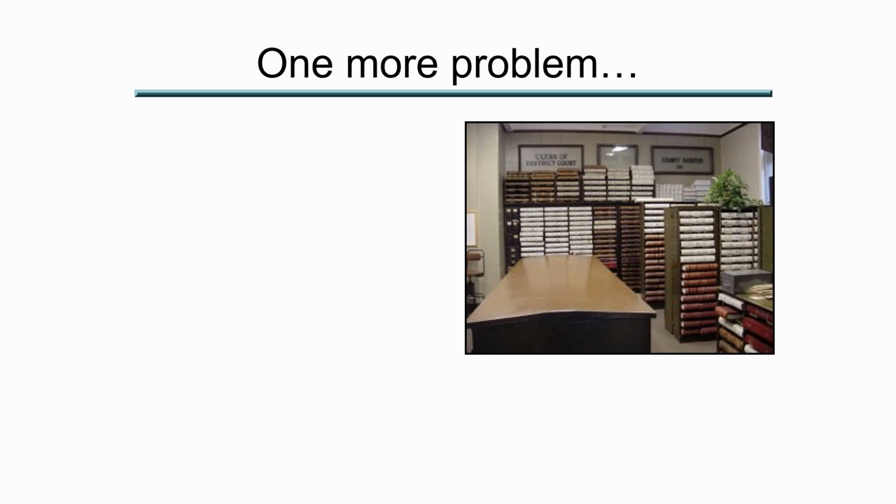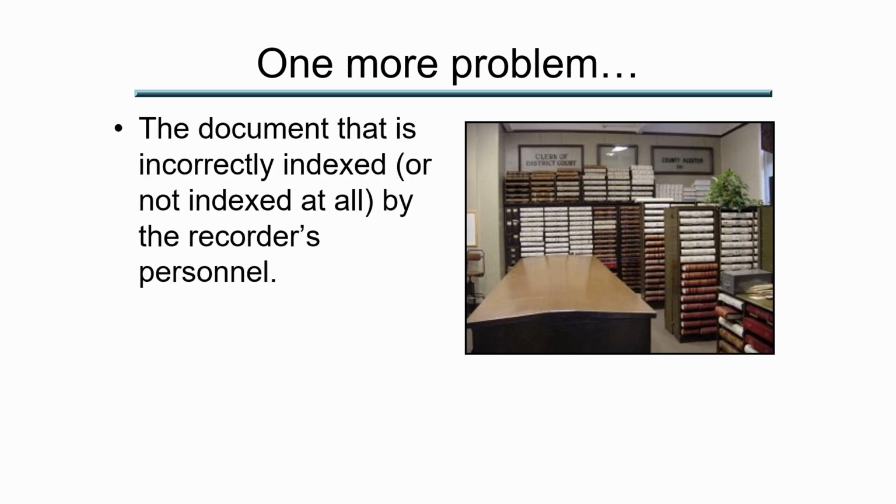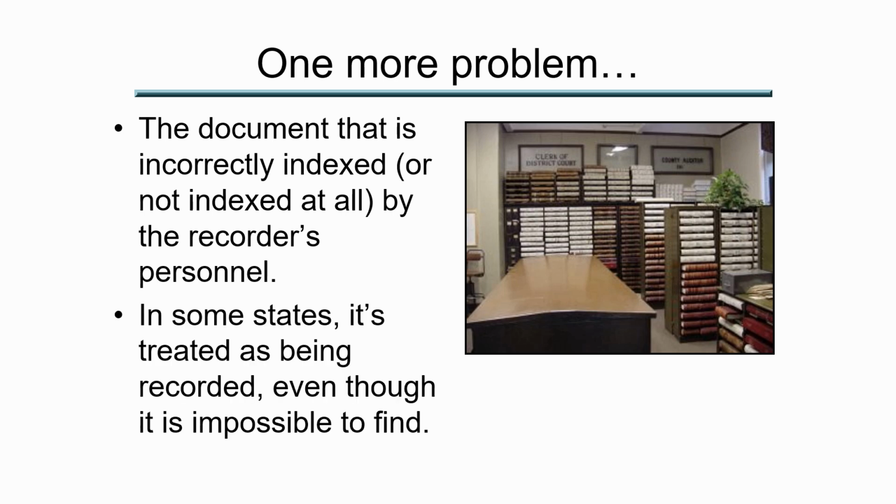One final problem is the fact that a document that exists in the public records might not be correctly indexed or might not be indexed at all by the recorder's personnel. And if it's not properly indexed, we won't be able to find it because we can only find documents by looking in the indexes. So if the document is there but is not correctly indexed, in some states it is still treated as being recorded, even though as a practical matter it's impossible to find.